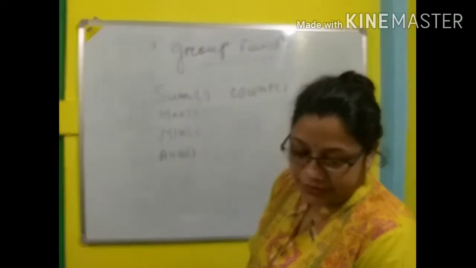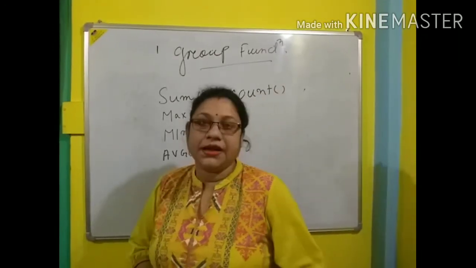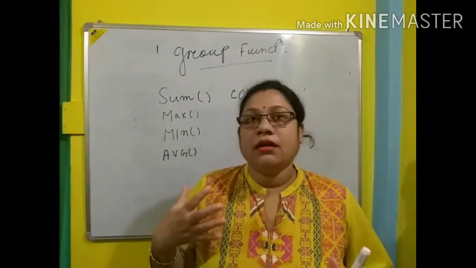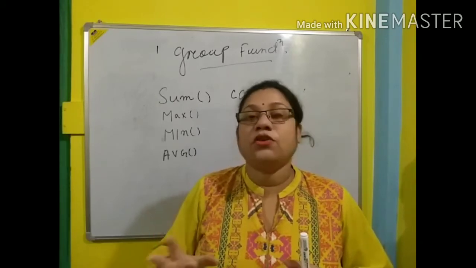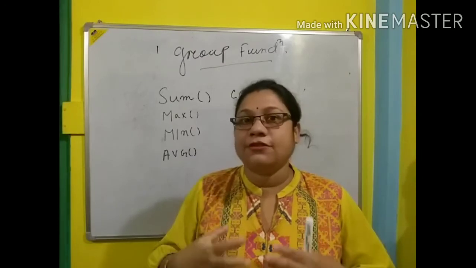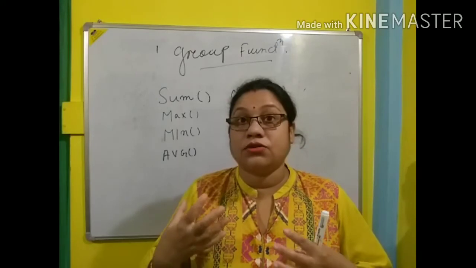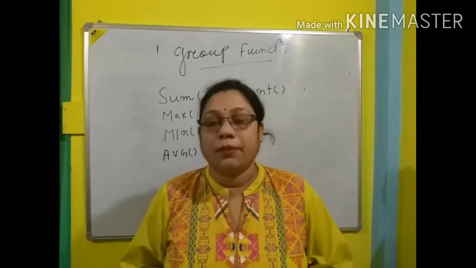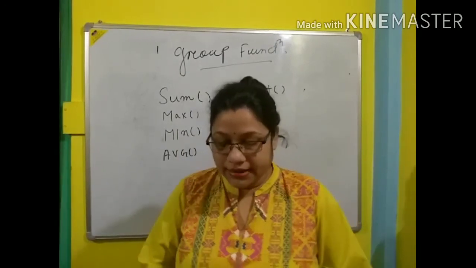It returns the number of values in a specific column or expression. That means it will count how many values are present, not duplicates. It skips the duplicate values. It is going to count the total number of original values present in a column or rows.